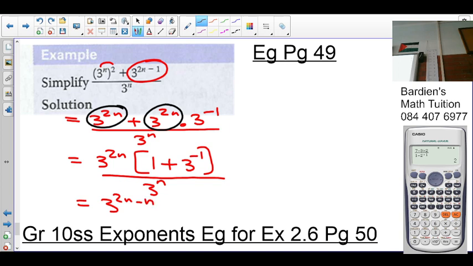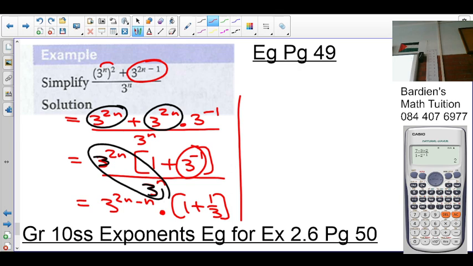As you can see, these bases are the same and I'm dividing. Can you see that? Times 3 to the negative 1, it's 1 over 3. Not so? So it's 1 plus 1 over 3. And what is 1 plus 1 over 3? 1 and a third, which is 4 over 3.